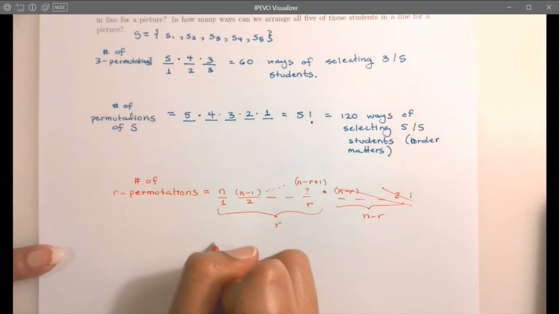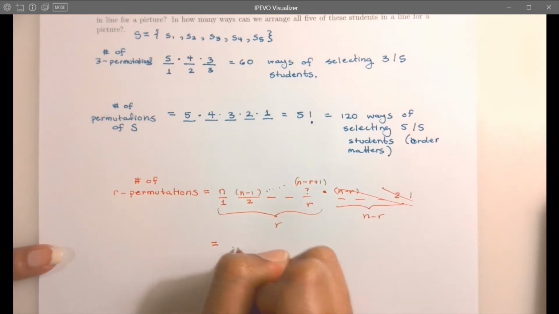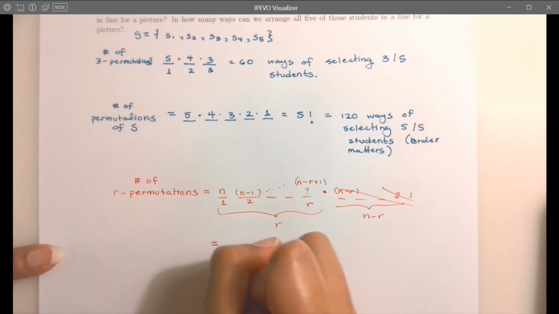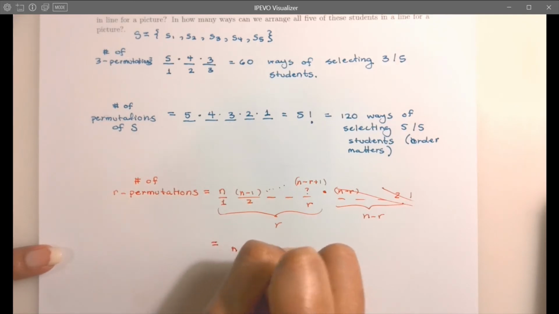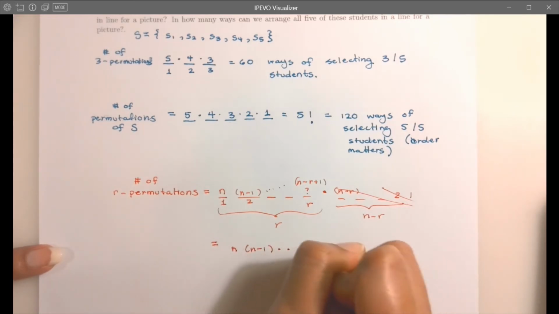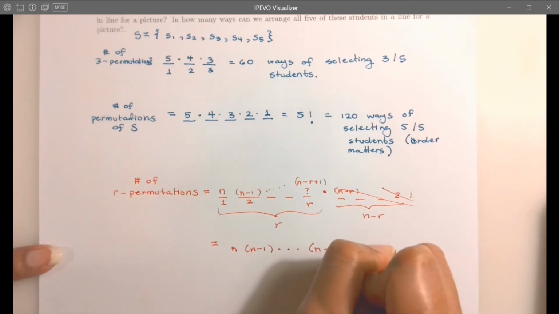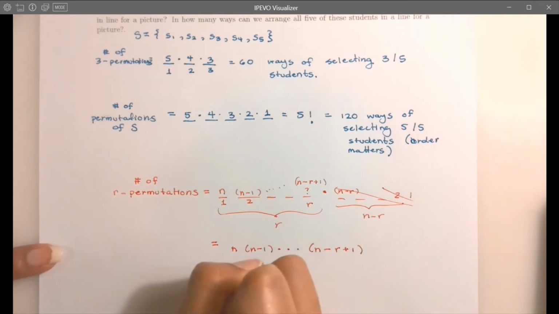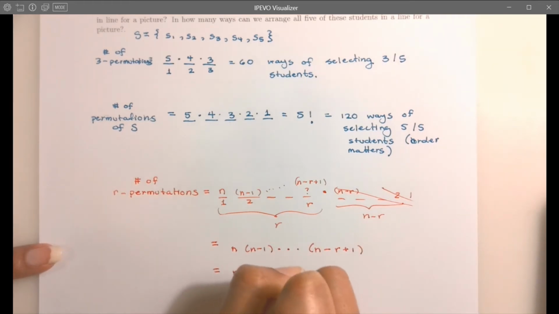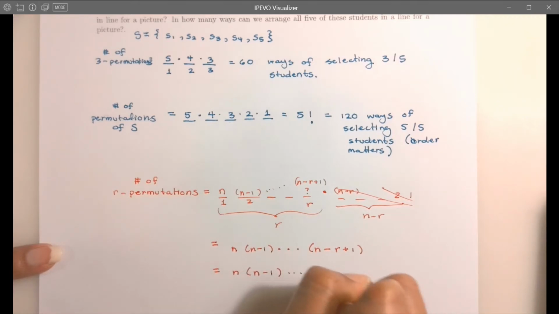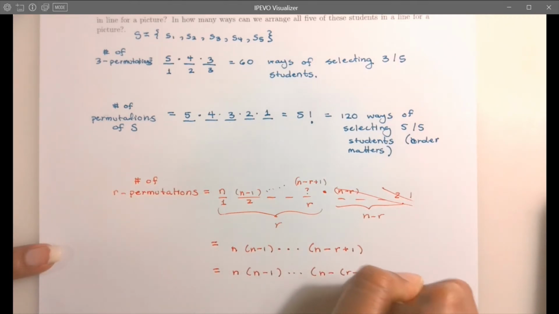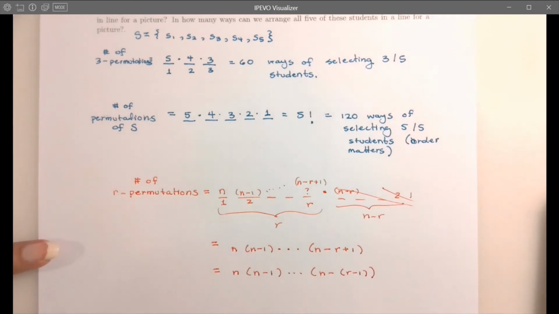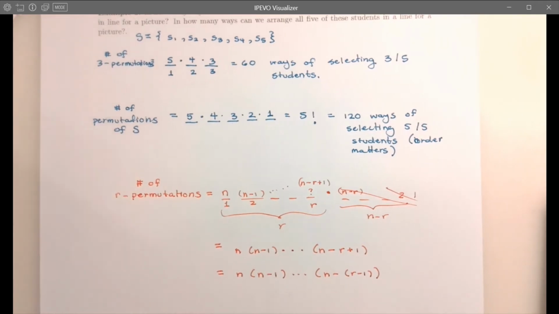So the number of r-permutations is ultimately n times n minus 1 times all the way down to n minus r plus 1. And that's in fact what the theorem on page 3 tells us.